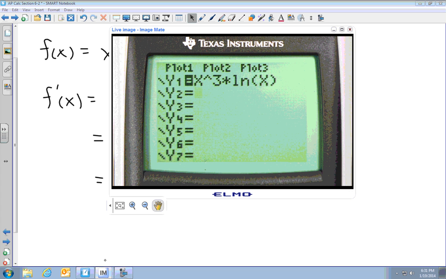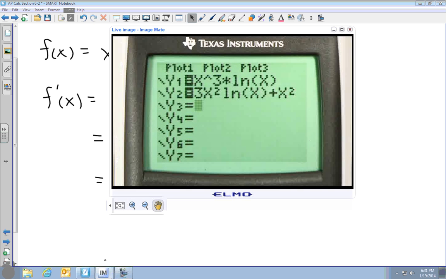And in y2, let's sketch the derivative function that we came up with, which was equal to 3x squared ln of x plus x squared is how we simplified that. I guess you could also put it in that factored form if you wanted to write it that way as well. That's what we came up with.